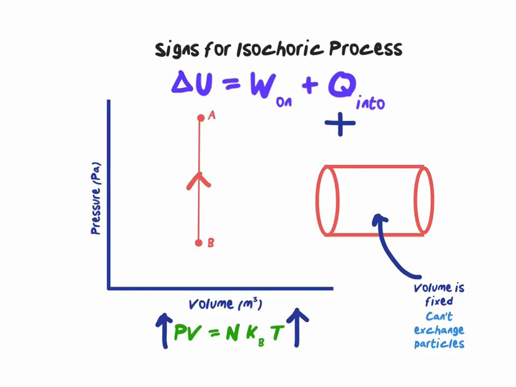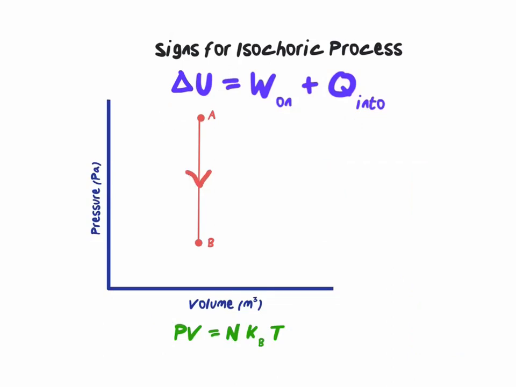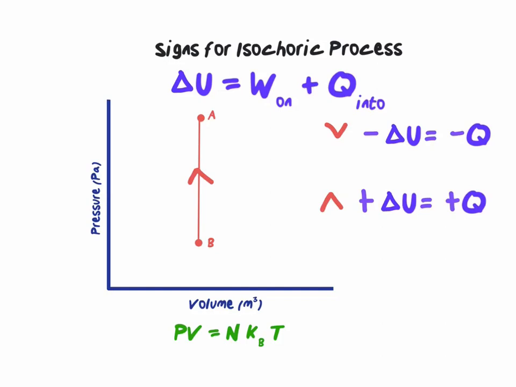So there's heat flow into the system, and the internal energy is increased because there's a temperature increase. So for the arrow pointing down for the isochoric, I have a negative delta U because I have a negative Q, and for the arrow pointing up for the isochoric process, I have a positive delta U and a positive Q value.